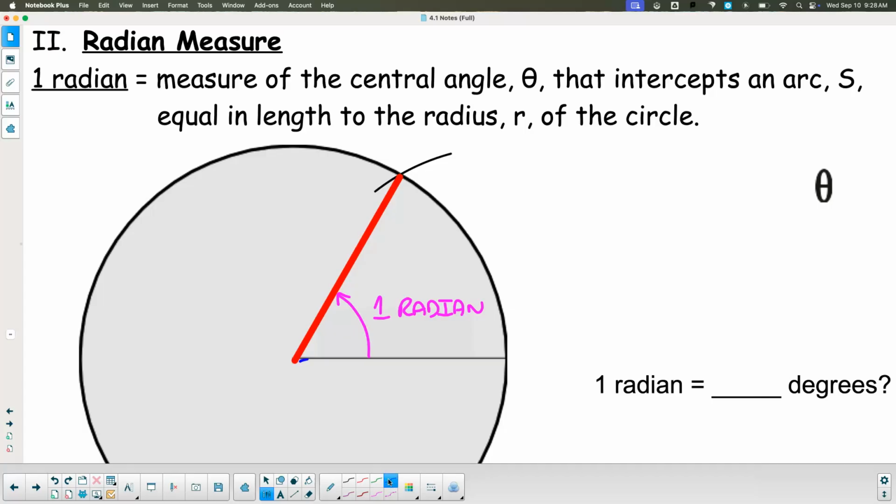This distance here is 1 radius. Okay? So 1 radian makes the same distance as a radius here along the circle.